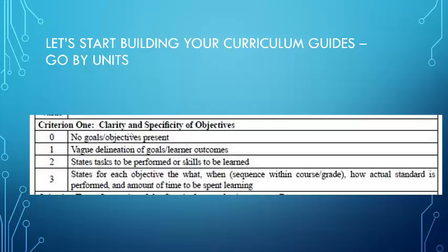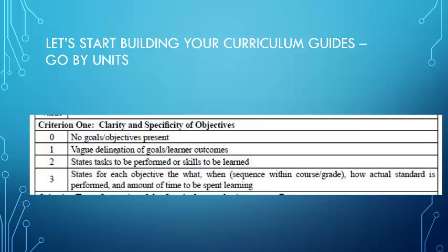So if you list no objective, you get a 0. If you list some form of objective, but vague, you get a 1. If you list the state standard, okay, and this is really the state standard here, you're going to get a 2.